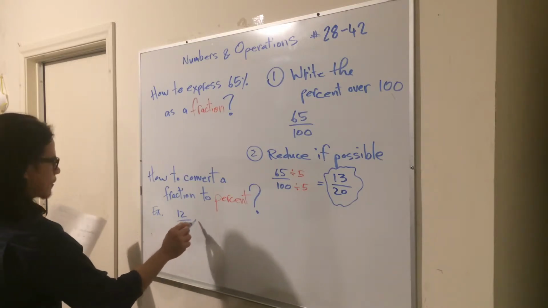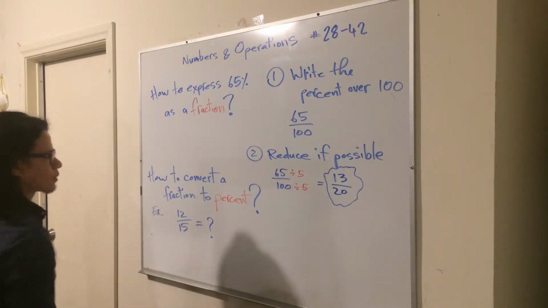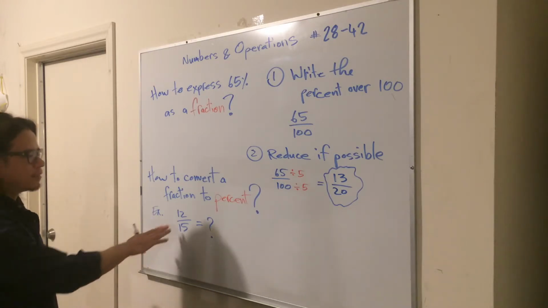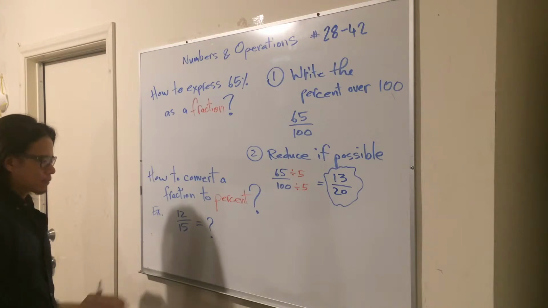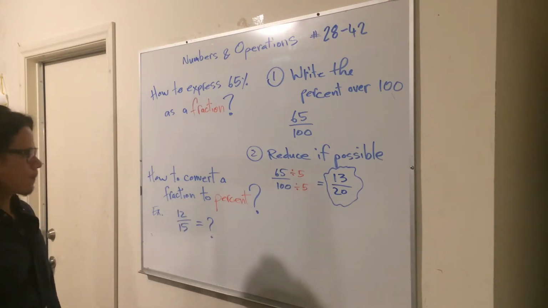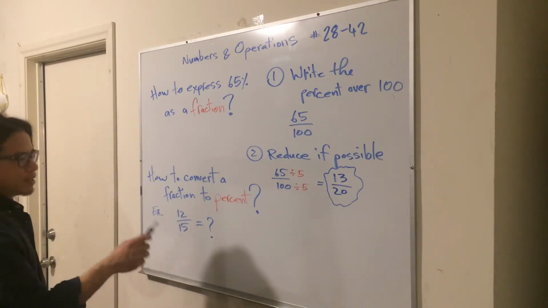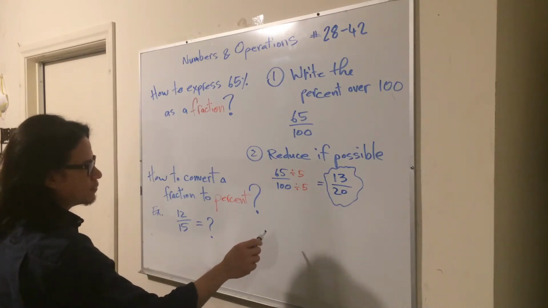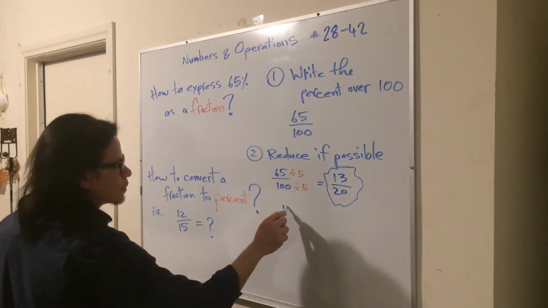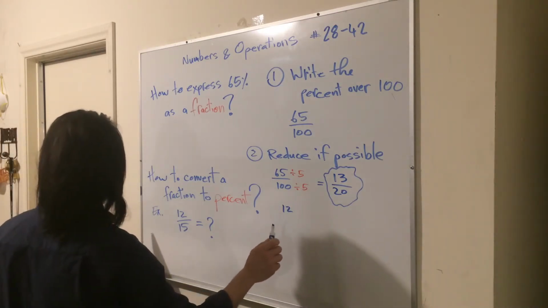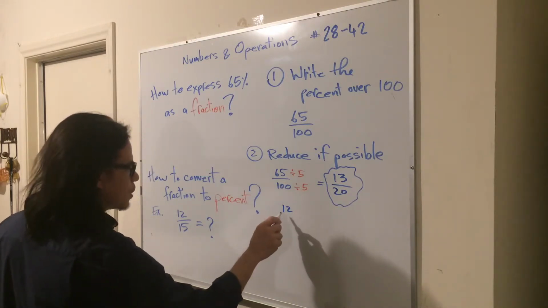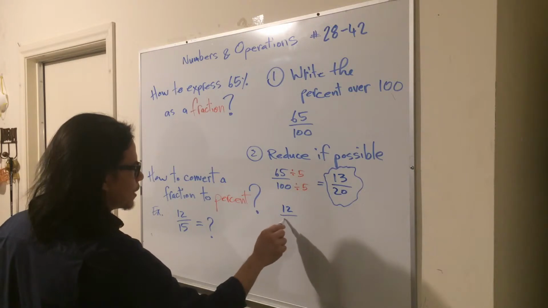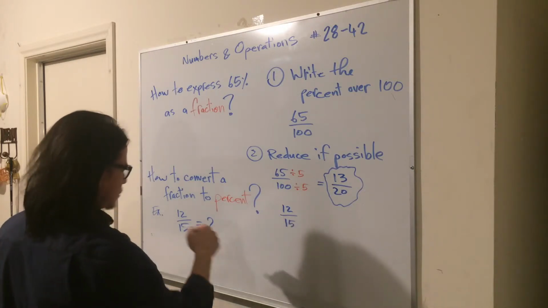Okay, pause and see if you can figure this out. Whenever we see a fraction bar, it means divide. So I'm going to take 12 divided by 15.